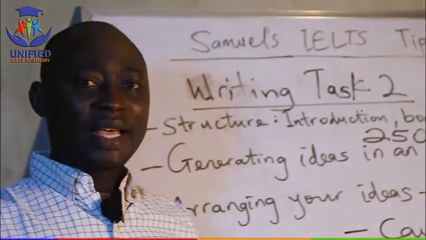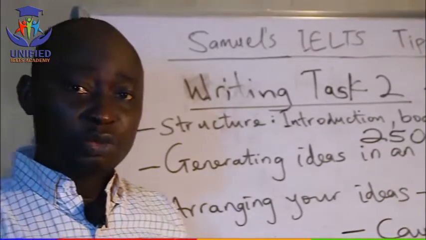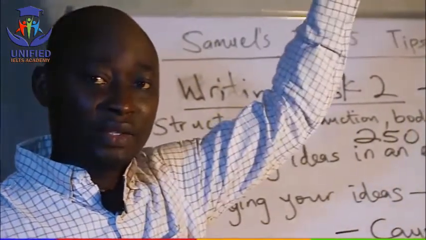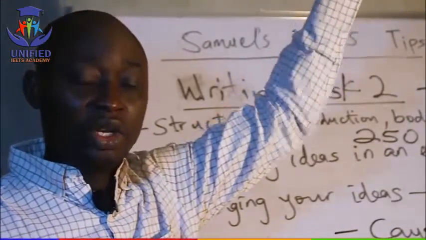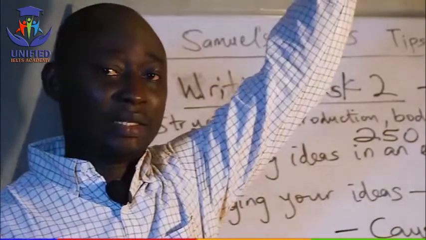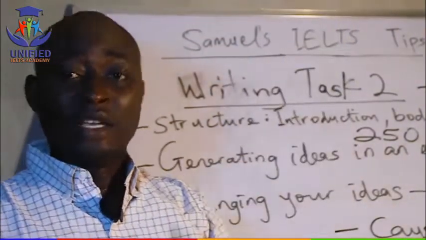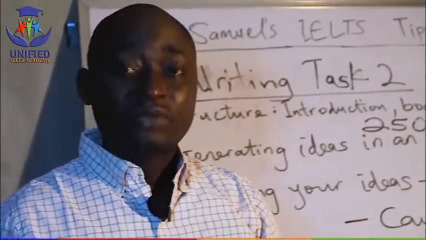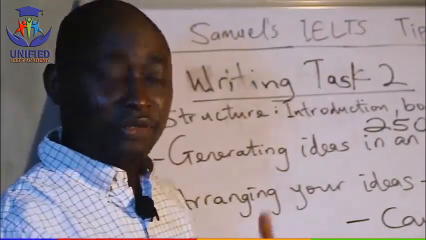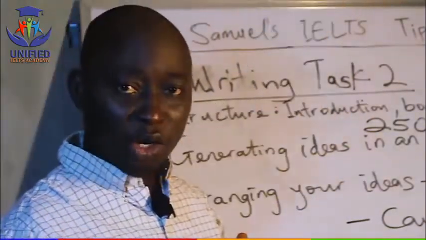When we say hierarchical order, you start from the small, the least, to the highest, to the largest. You start from the least important to the most important. That's hierarchy. In chronology, you start from the highest to the lowest.